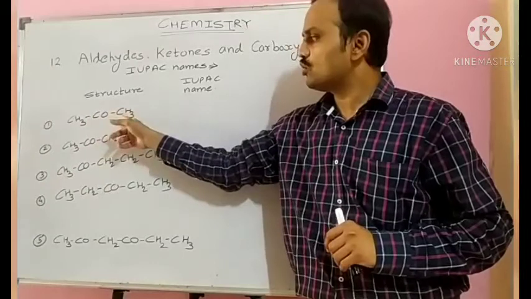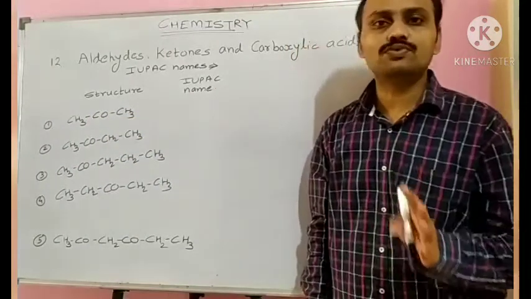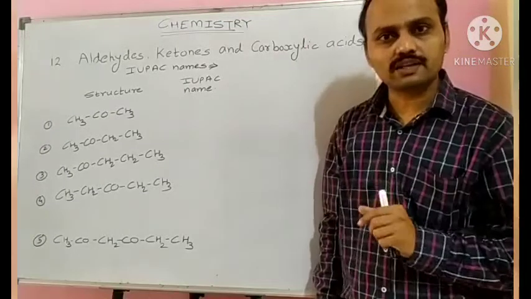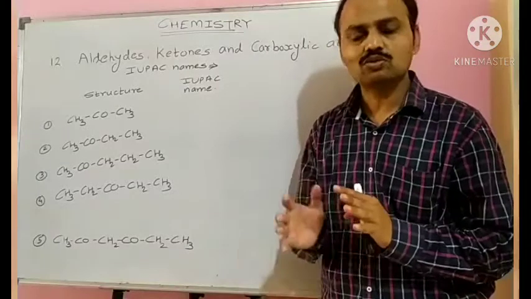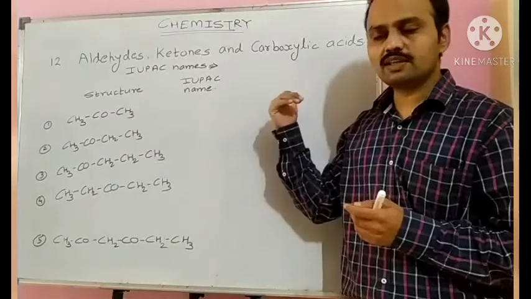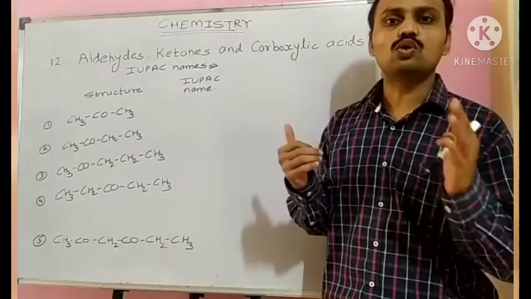RC double bond OR is the ketonic functional group, and in ketonic functional group, last E of parent alkane is replaced by ONE. So the formula of writing the ketone is alkanone.